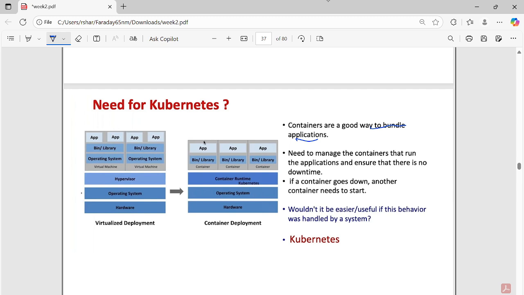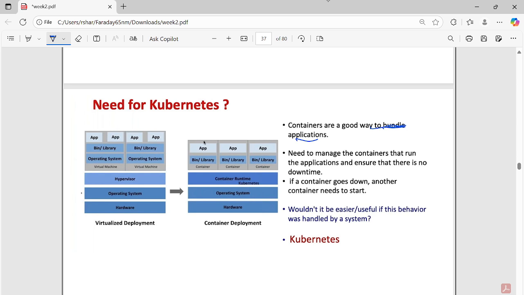Containers are a good way to bundle applications, because we have all the libraries, the application, and the dependencies in one container.